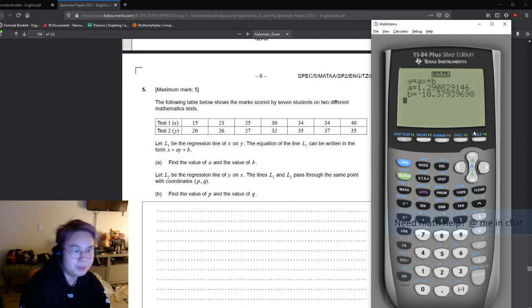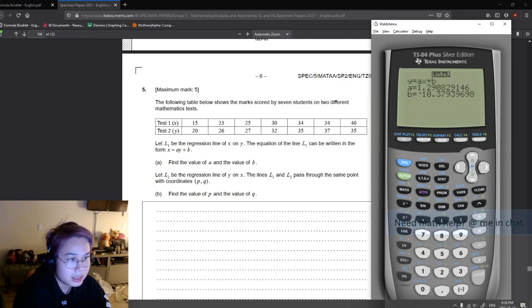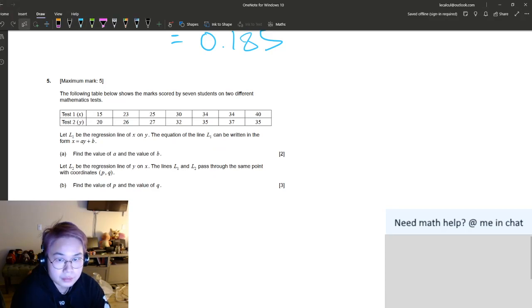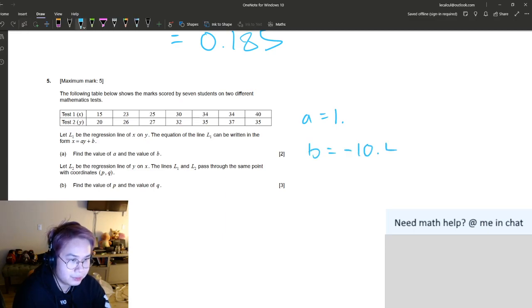Okay, so here's your a and b. 1.29 and then negative 10.4.